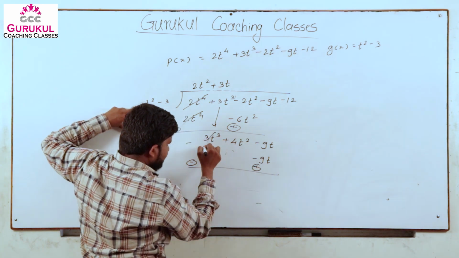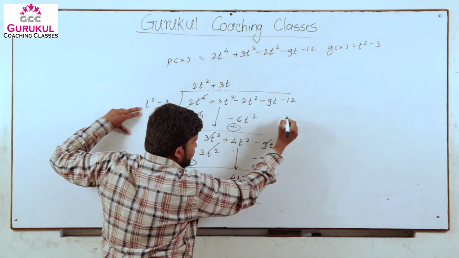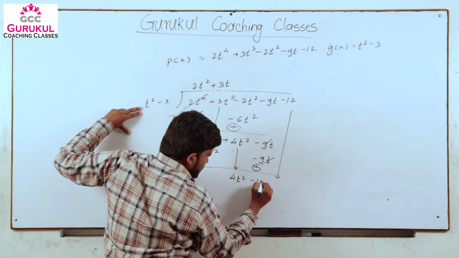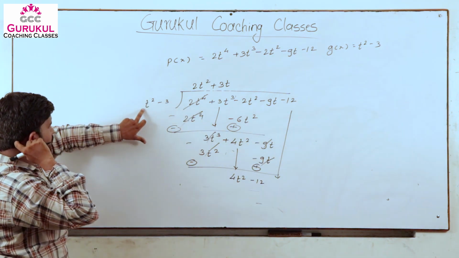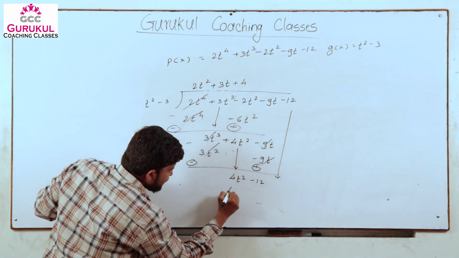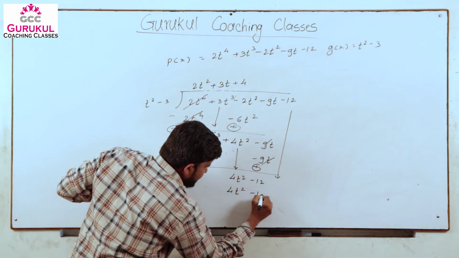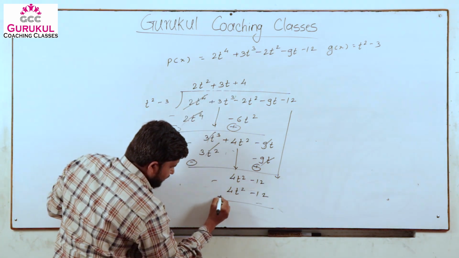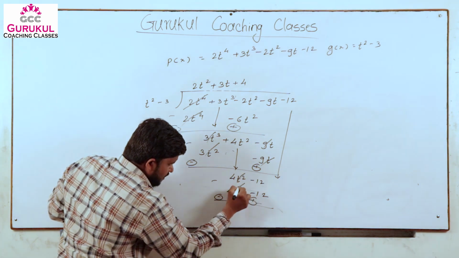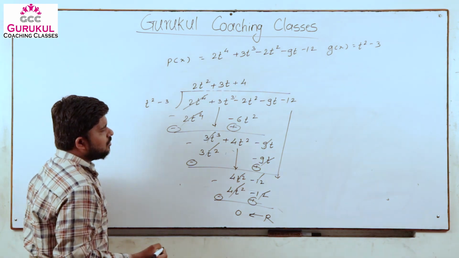Minus plus, cancel. 4t square minus 12: 4t square plus 4 into t square is 4t square, 4 into minus 3 is minus 12. Minus plus, cancel. So the remainder is 0.